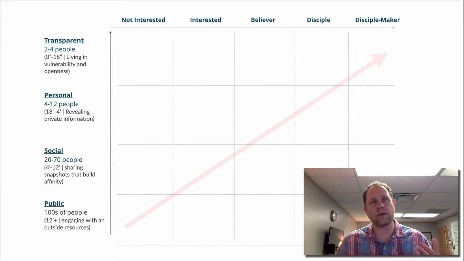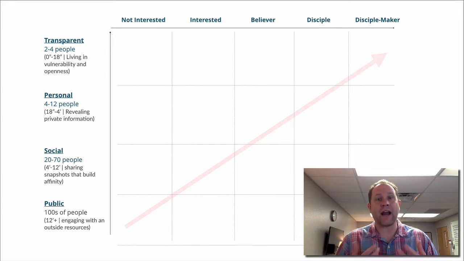So as we were thinking about how we could be strategic going forward, if we're going to help engage people in the not interested or interested phase before they come to saving faith, Proxemics would tell us that we don't want to do events or classes that force people to be too personal or too transparent.